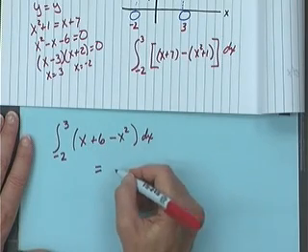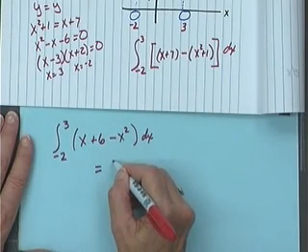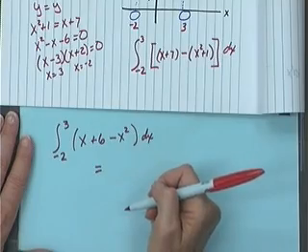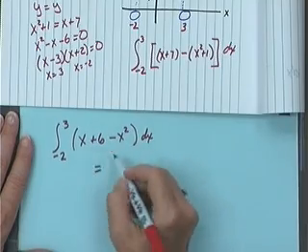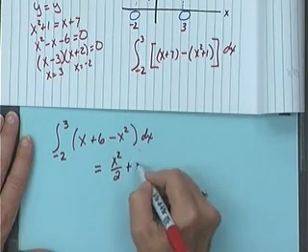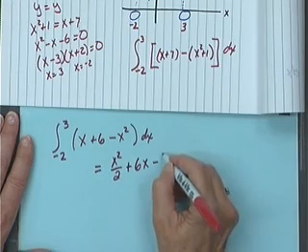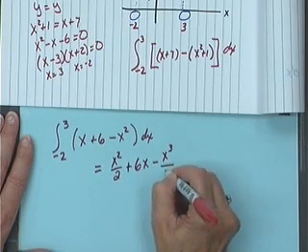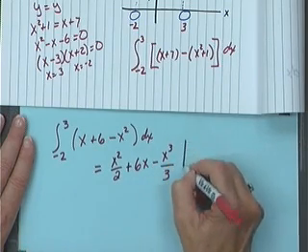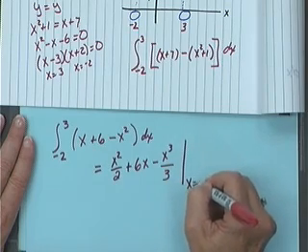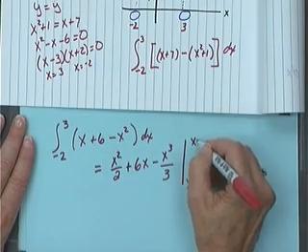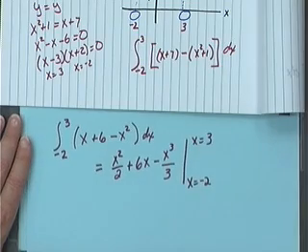If you integrate x, everybody, that's derivative. x squared over 2 plus 6x minus x cubed over 3. And we're evaluating from x equals negative 2 to x equals positive 3.